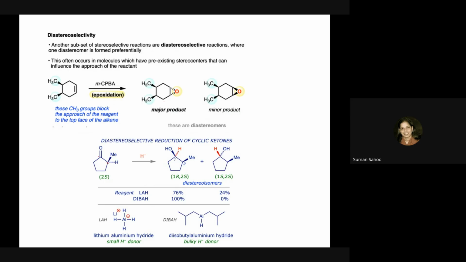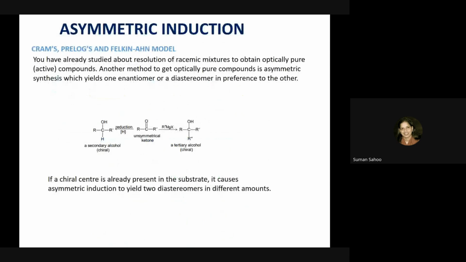We only have to introduce a chiral center here, where hydride is going to attack from down the group. So this one would be the major product and this one the minor product, because hydride can attack from the re side or si face, giving you two different isomers. Only the configuration at carbon number 1 is going to change, so we are getting two different diastereomers. So this is a diastereoselective reaction.